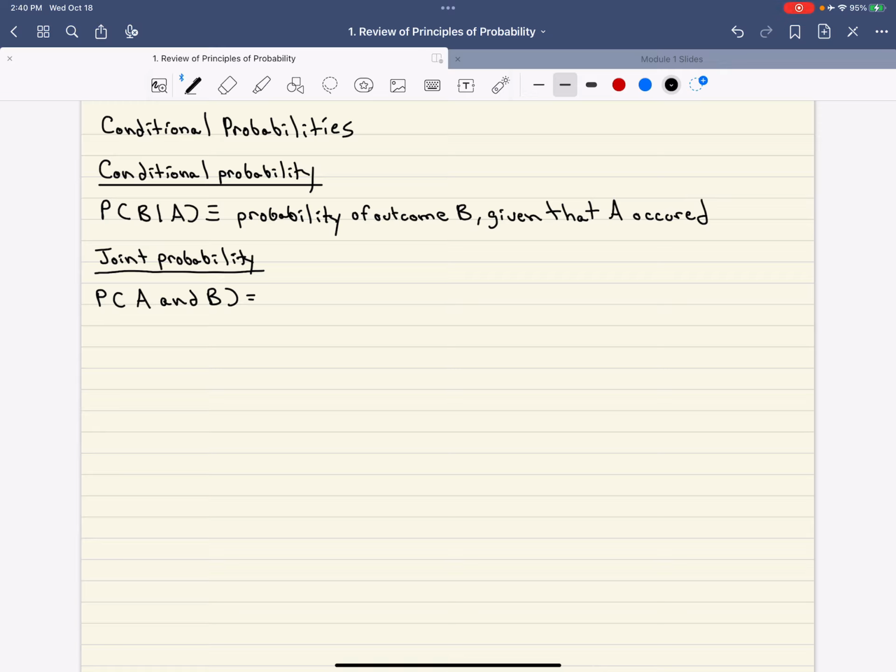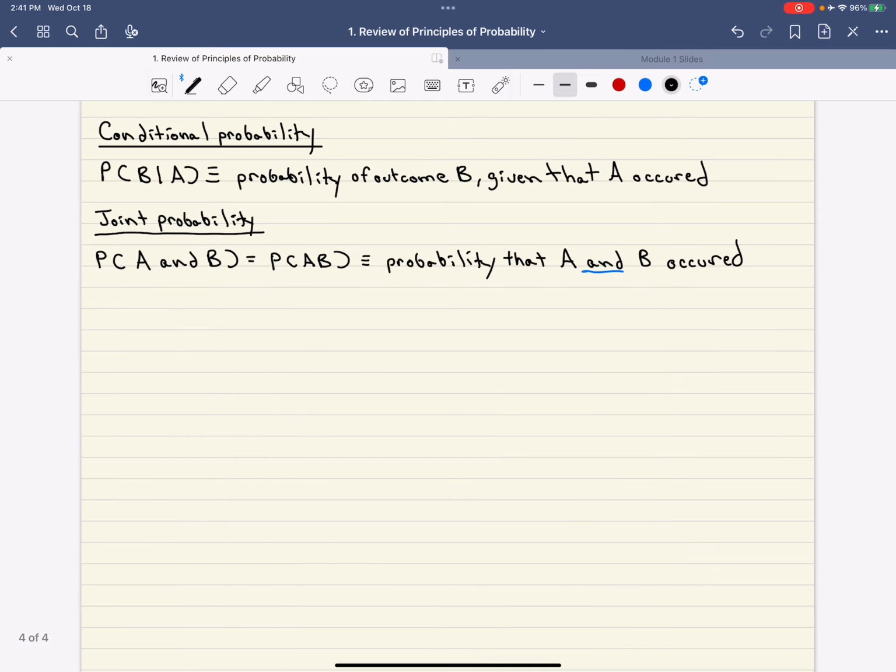A way we could abbreviate this is just by saying P(AB). This is something we looked at calculating earlier, but in our previous calculations, we assumed that the outcomes were independent. Now, we're not going to make that assumption.